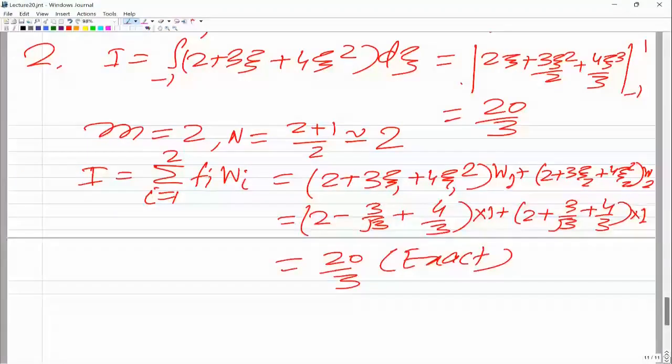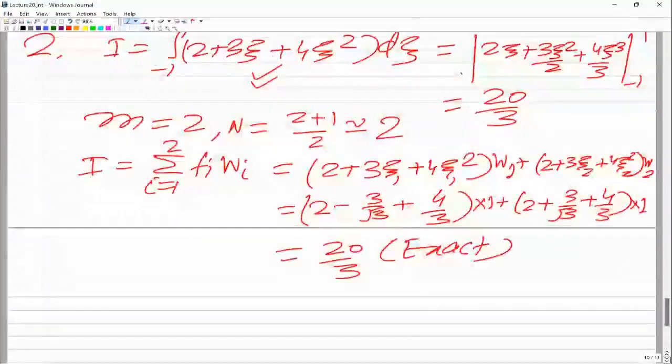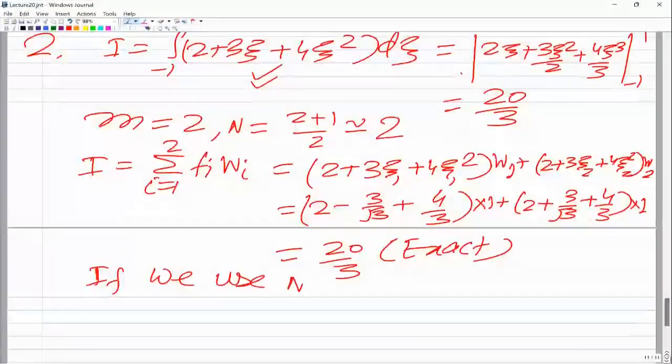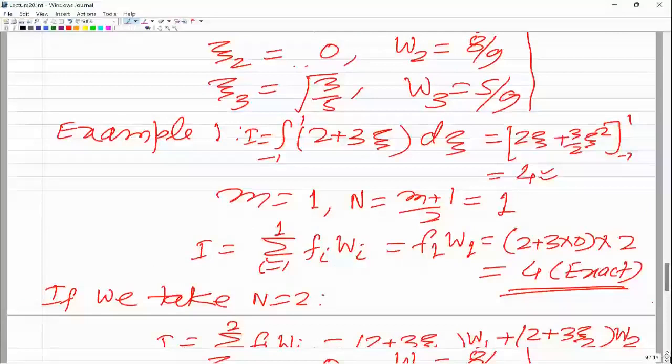Now suppose for this particular function we use only one Gauss point, then we will be under integrating this. Of course if you use more, you can check yourself that if you use capital N equal to 3, that is 3 Gauss points, the Gauss points and the corresponding weight factors are given over here for 3-point integration.